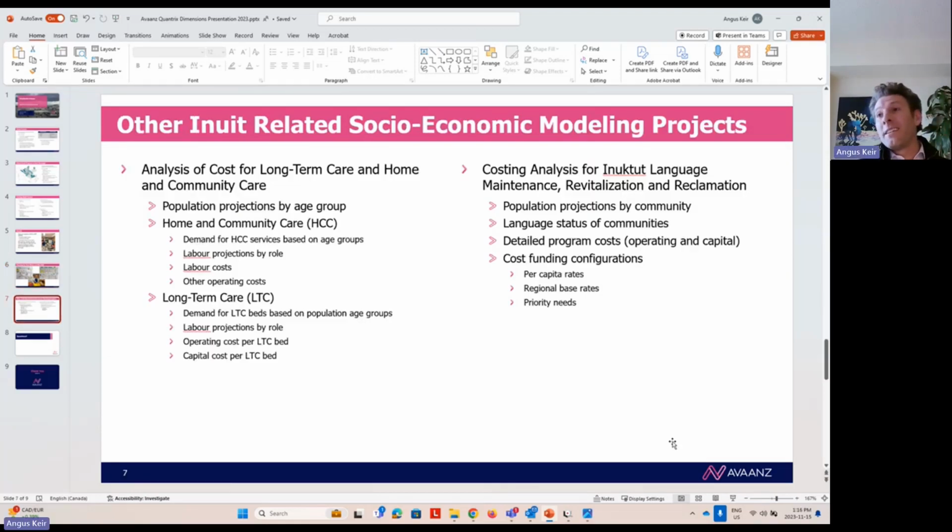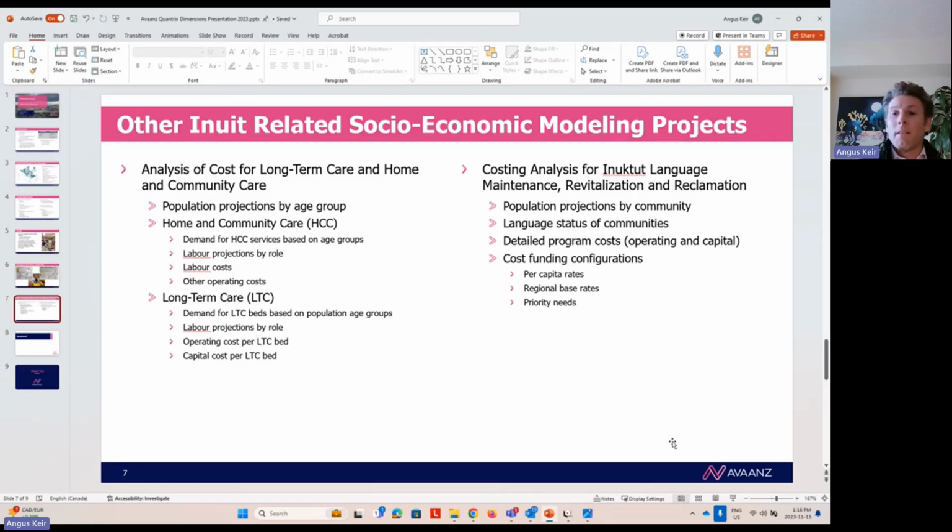And our experience in work with ITK isn't just limited to the school food program. We've also looked at the cost of long-term and home community care, as well as the cost analysis for looking at Inuktitut language preservation. I'll refer to the long-term care study first.